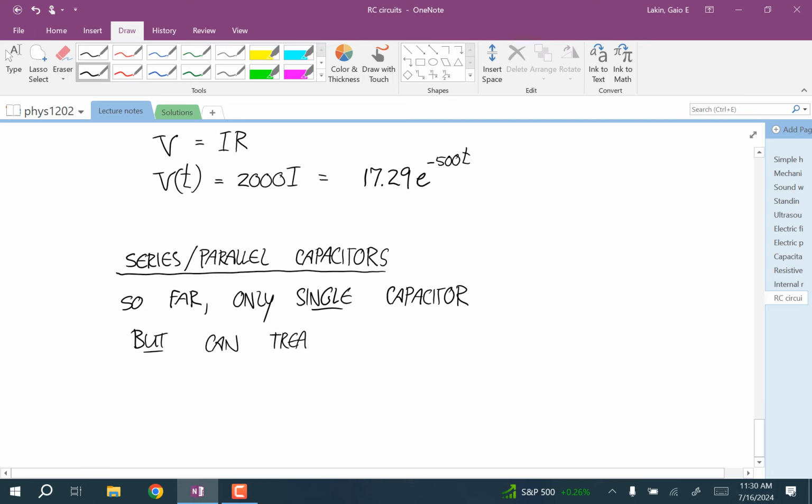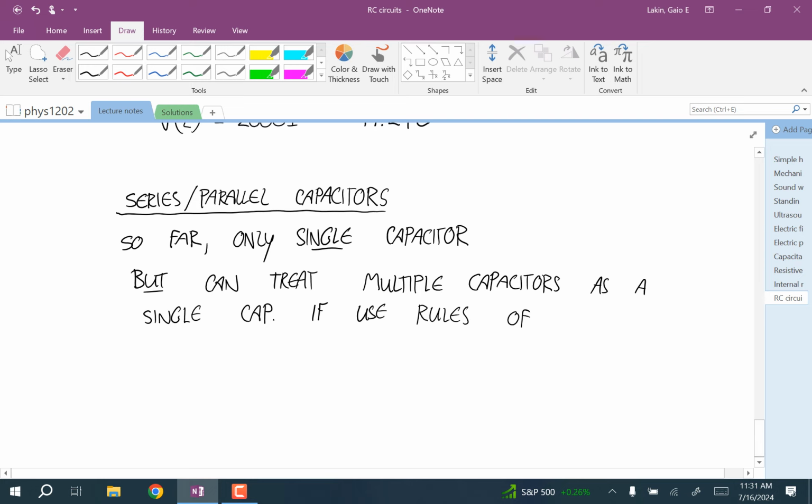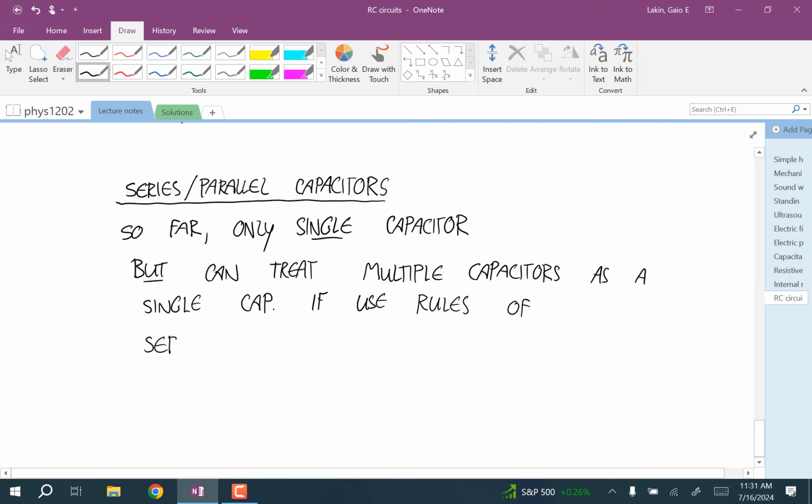So you can treat multiple capacitors as a single capacitor if you use the rules of series and parallel capacitors.